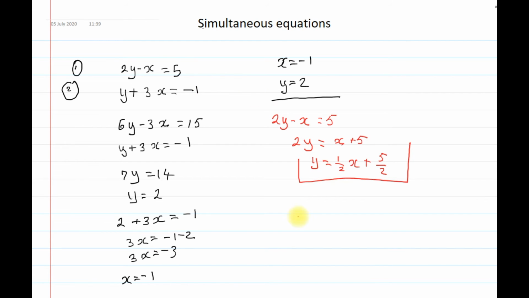Now the second equation, we do the same. y is equal to minus 3x minus 1. So this is the equation of another line with gradient minus 3 and intercept minus 1.